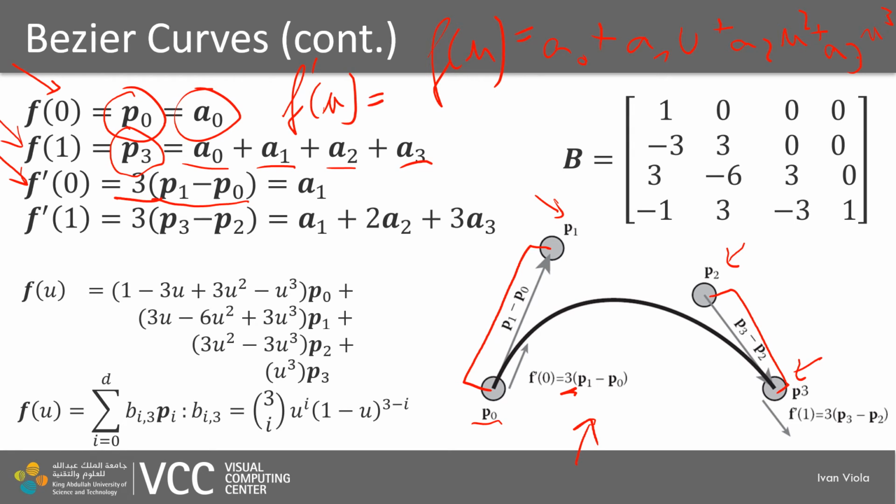That will be equal to A1 plus 2A2u plus 3 times A3u squared. Now, if we have the starting position, we know that only the first term will be there. So we know that 3 times (p1 minus p0) is equal to A1.